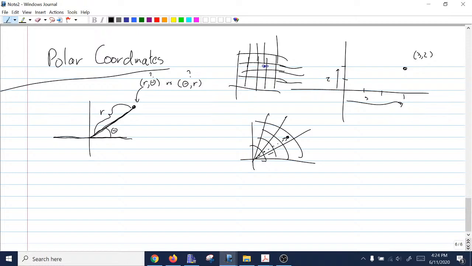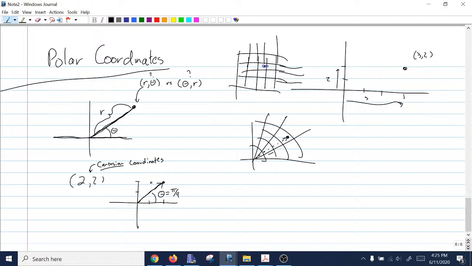So for example, if I wanted to go to the point 2, 2 in Cartesian coordinates, what would that be in polar coordinates? 1, 2, 1, 2. How would I specify that? My theta value, oh, I can do that. Theta is going to be pi over 4.